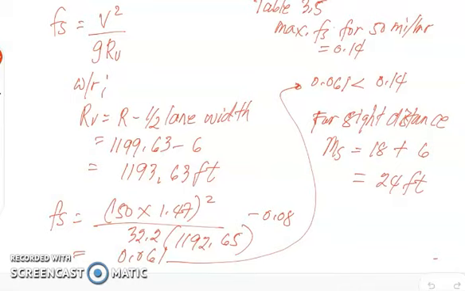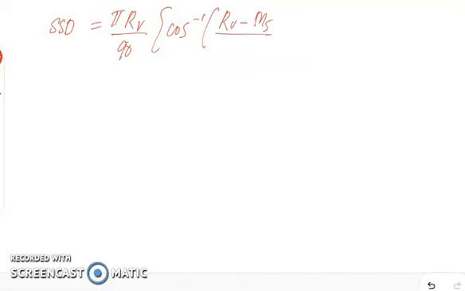So if we're going now to compute for our SSD, the stopping sight distance, we have to make use of the equation SSD is equal to pi times R sub v all over 90 multiplied to cosine inverse quantity R sub v minus m sub s all over R sub v.